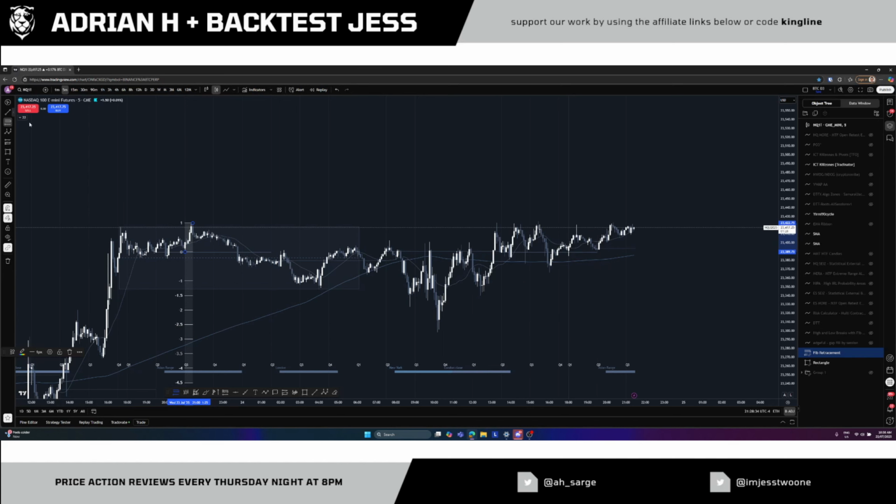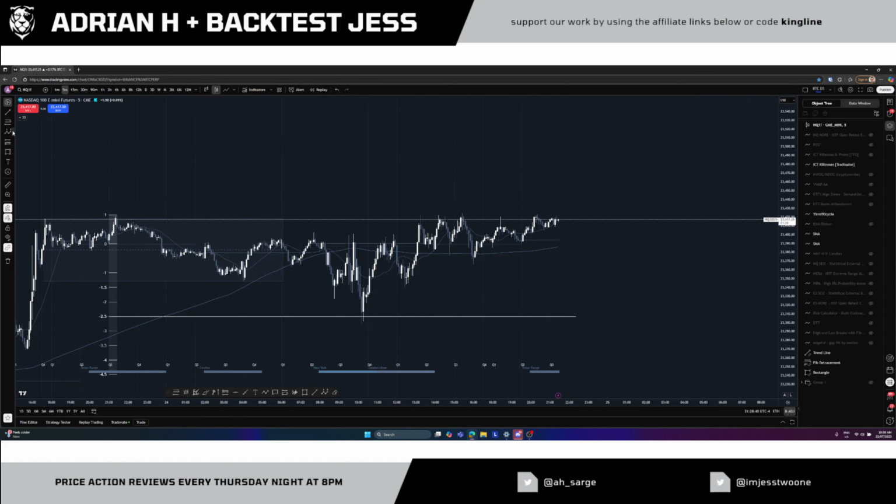This one went into SD 2.5. So we want shorts from this zone, from the high, and then once we break here, we want longs from this zone.